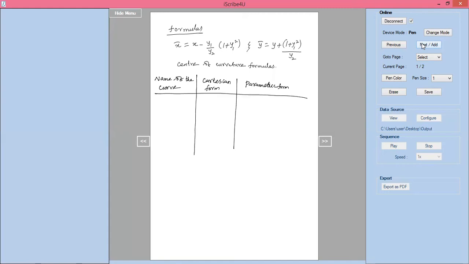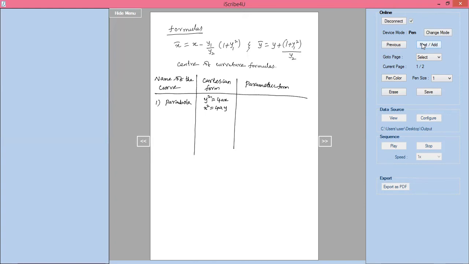What is the name of the curve? First one should be parabola. The parabola equation in Cartesian form is either y square equal to 4ax or x square equal to 4ay. Any one we can take. y square equal to 4ax is also a parabola, x square equal to 4ay is also a parabola.